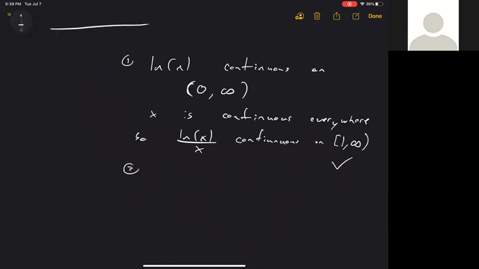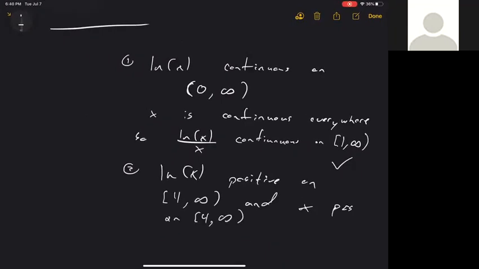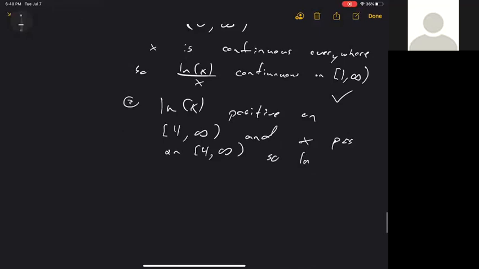Okay, so positive. I could say something like ln of x is positive on 4 to infinity and x is positive on 4 to infinity. So ln of x over x is positive on 4 to infinity.